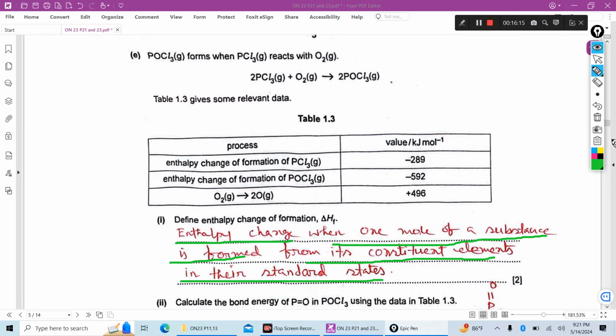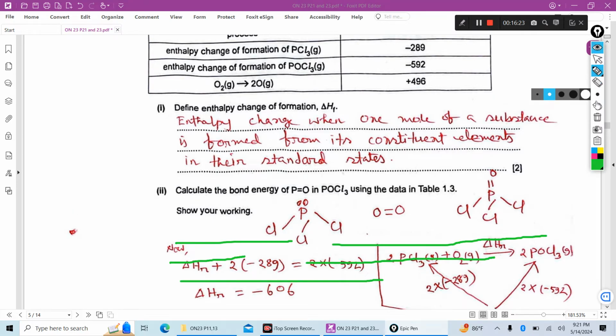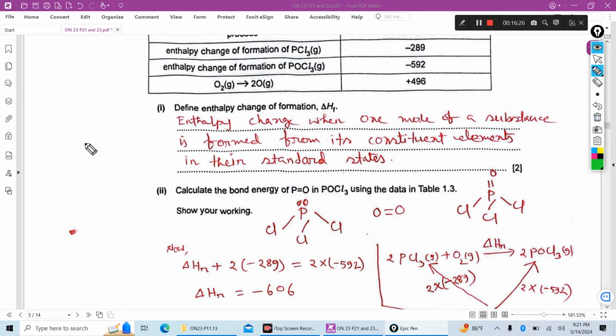Say 1 mole of carbon dioxide, CO2. Which elements here? Carbon and oxygen.